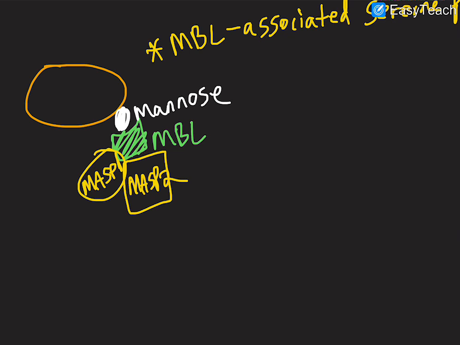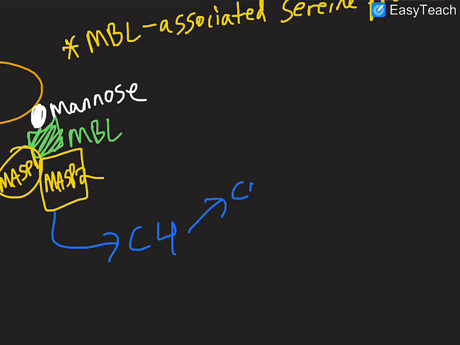Now MASP2 will be the one that cleaves different things, just like we saw in the classical pathway. C1s was the one that cleaved C4 and C2. Just like that, MASP2 will cleave C4 into C4b and C4a.